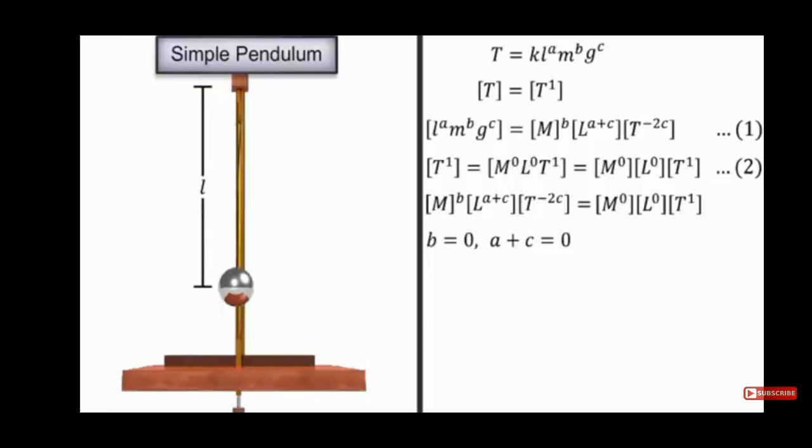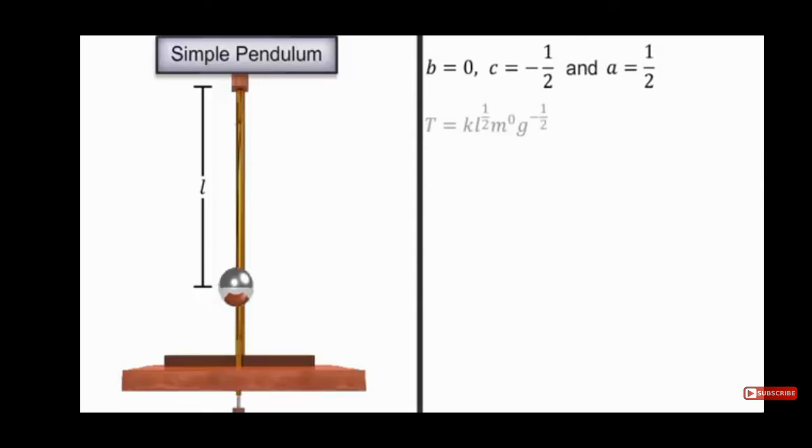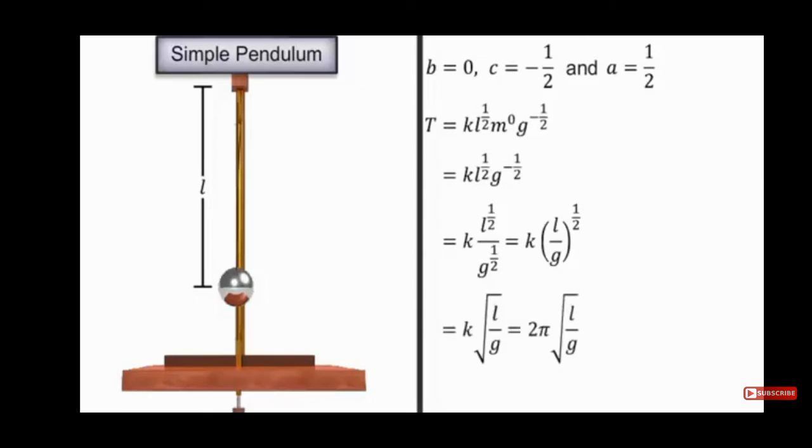On simplification, we get the values of B equal to 0, C equal to minus half, and A equal to plus half. Thus, the expression for the time period of the simple pendulum becomes 2 pi into the square root of L by G as shown. The value of k, which is equal to 2 pi, cannot be found by using dimensional analysis.